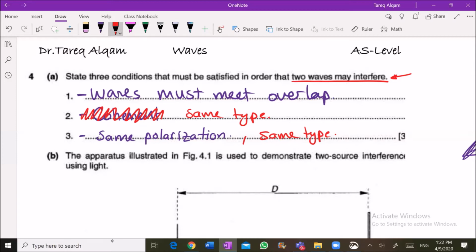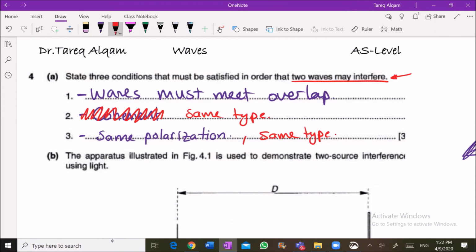Now guys, to observe an interference pattern, meaning dark, bright, dark, bright, dark, bright, the waves must be coherent. But as a condition for interference, if you have light sources in your room, there is an interference between these light sources, but I cannot see the interference pattern because the sources are not coherent.